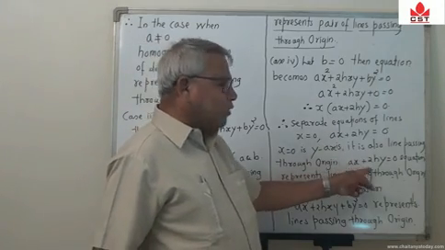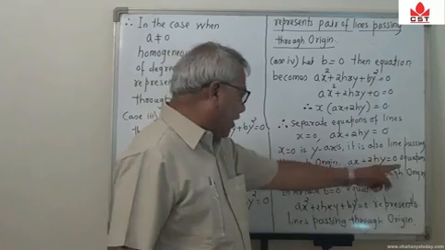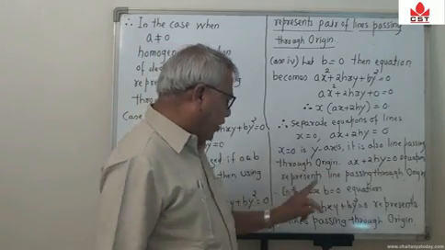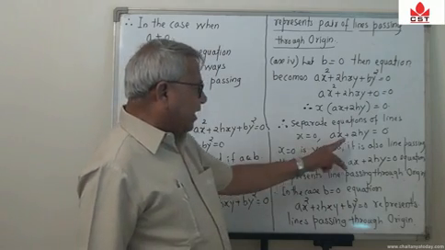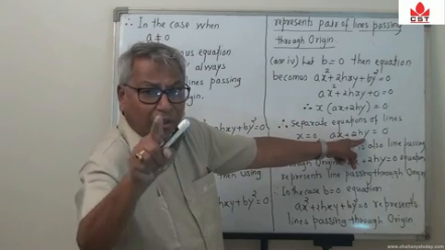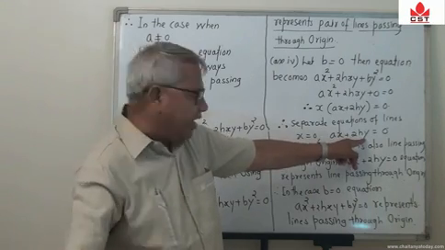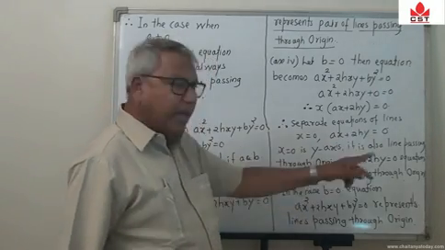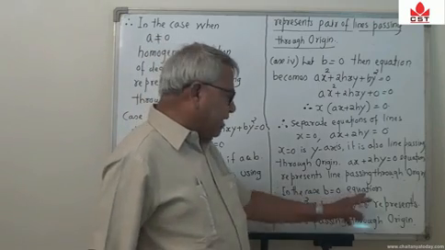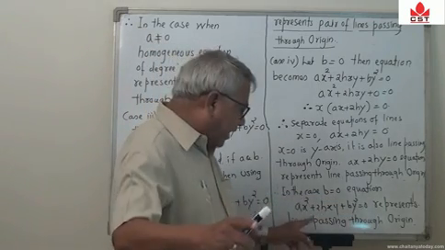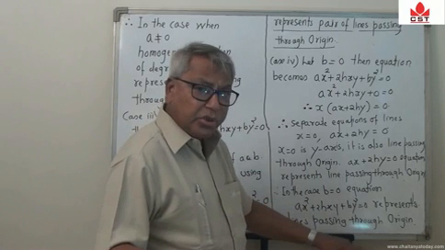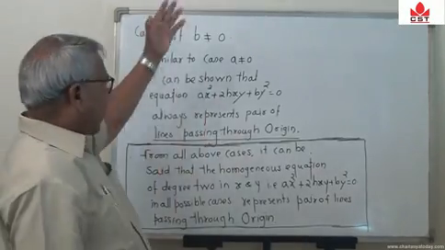And the equation ax plus 2hy equal to 0 represents a line passing through origin, since ax plus 2hy contains only x and y, no separate constant. Therefore, in the case when b is equal to 0, the equation ax square plus 2hxy plus by square represents lines through origin. This is the case.